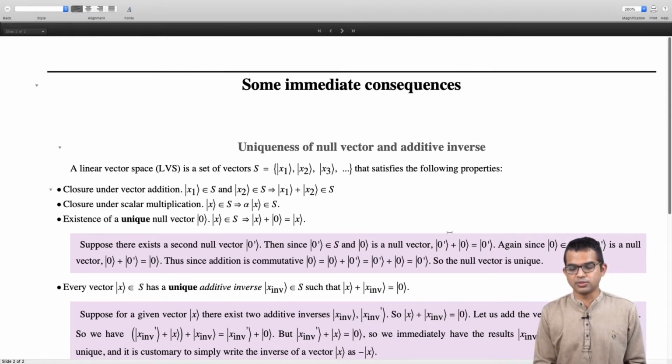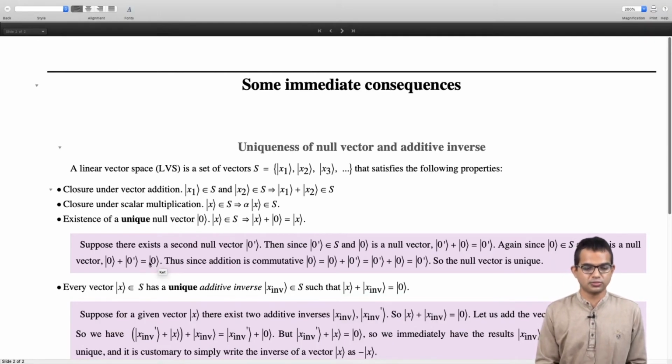This vector from this space has remained unchanged when you have added the null vector to it. On the other hand, 0 itself is an element of this vector space and 0 prime is a null vector, so 0 plus 0 prime must give back the same vector we started with, which is 0.